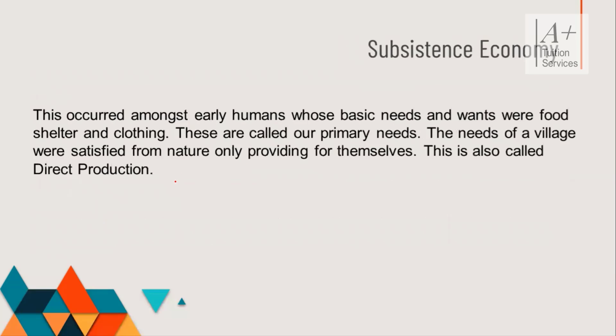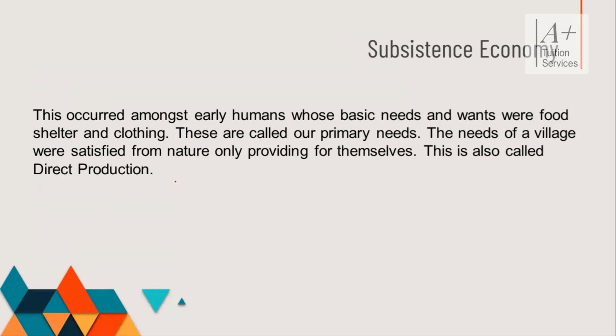The very first economy that we would mention in principles of business is a subsistence economy. This occurred amongst early humans whose basic needs and wants were food, shelter, and clothing. These are called our primary needs. The needs of a village were satisfied from nature, with people providing only for themselves.